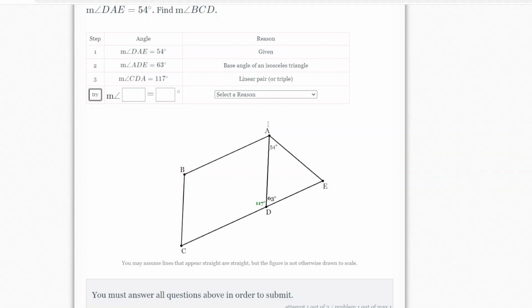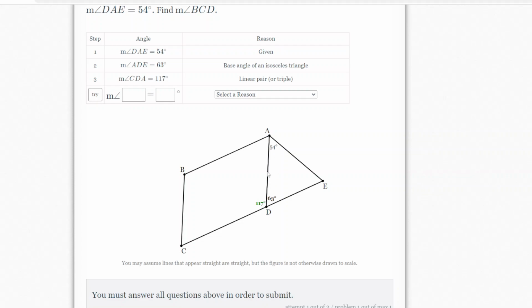Okay, and my job is to find BCD, this angle. So they told me this line and this line are parallel. This and this, if I extend this transversal, are same side or consecutive interior angles. They should be supplementary. So if I take 180 minus 117, I get 63 degrees again.